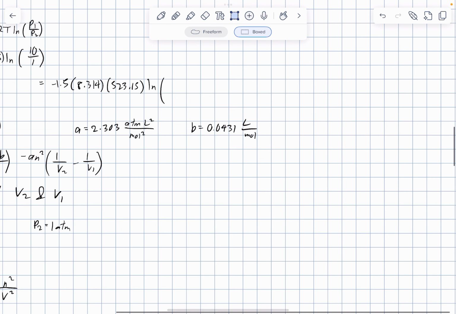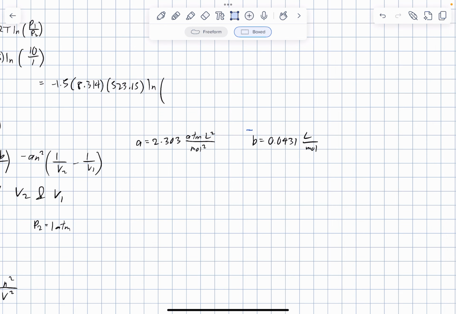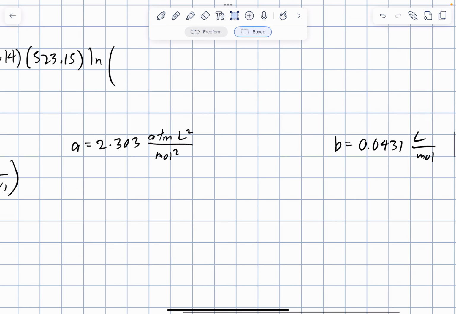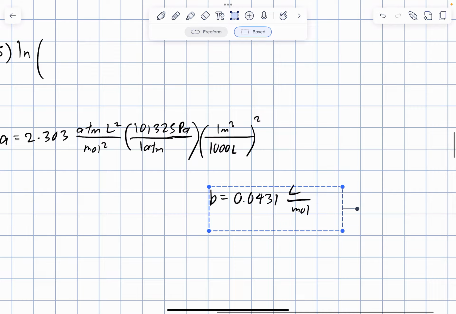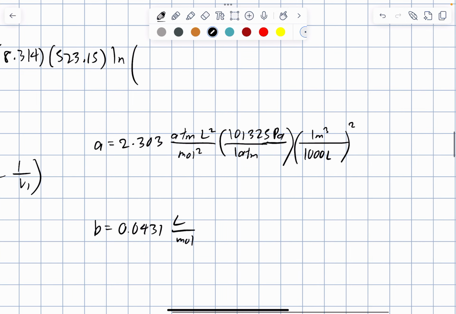Okay, before we proceed, we need to convert these already. One atmosphere is 101,325 Pascal, and then 1,000 liter squared to meter cube. We'll do the same for b. Here, 1,000 liter, 1 meter cube. That's it. Okay, calculate.